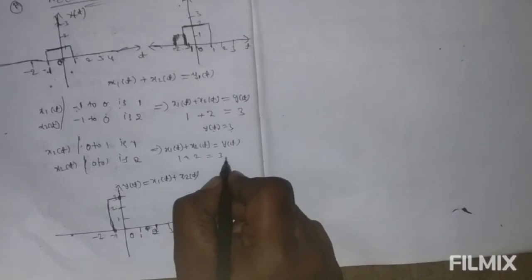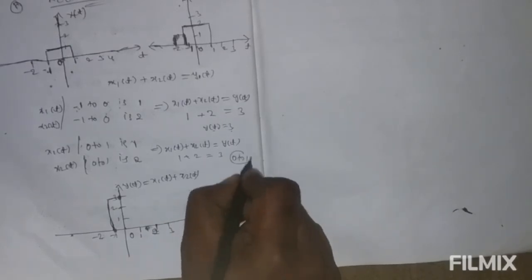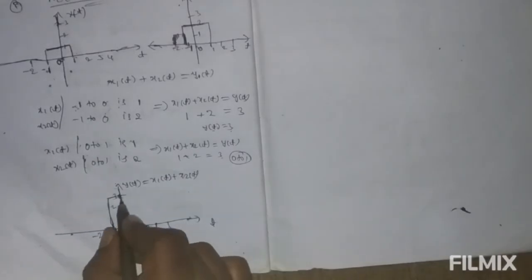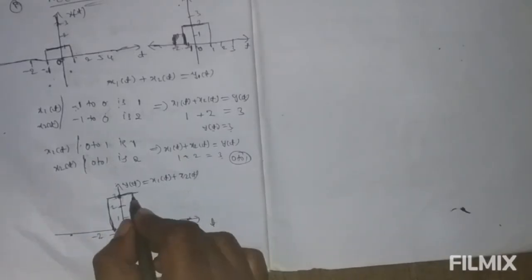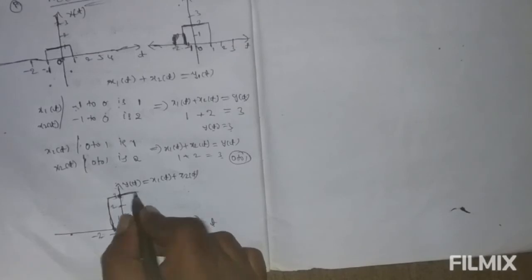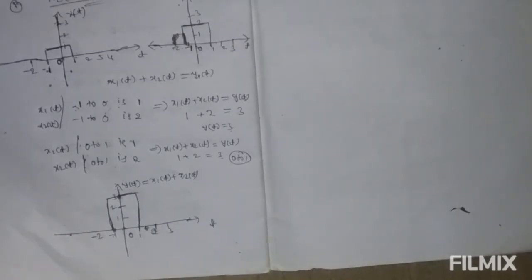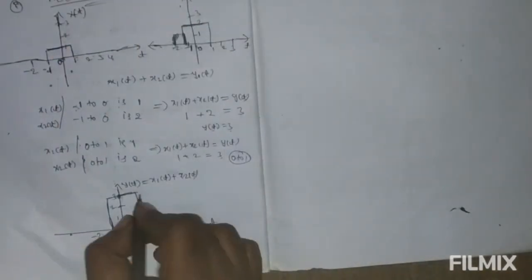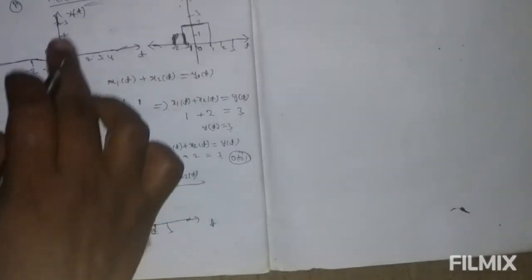So from 0 to 1, the value is 3. Coming to 1 to 2, there are no signals in this diagram. So this is the addition of the two signals x1 of t and x2 of t.